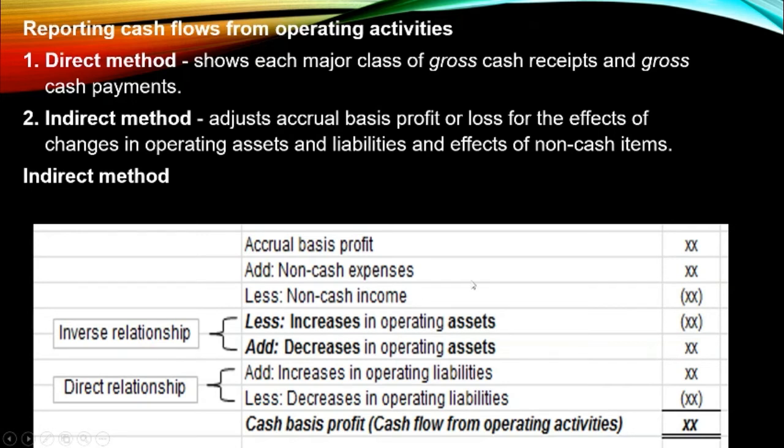You are going to add non-cash expenses such as depreciation, then less non-cash income. And then you have to less increases in operating assets and decreases in operating liabilities, and then you have to add also the decreases in operating assets and increases in operating liabilities. We have the cash-based profit, the cash flow from operating activities.